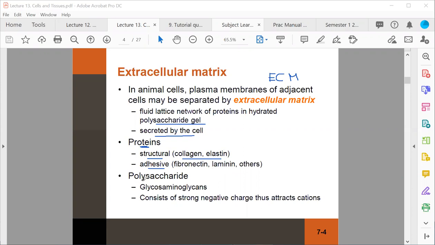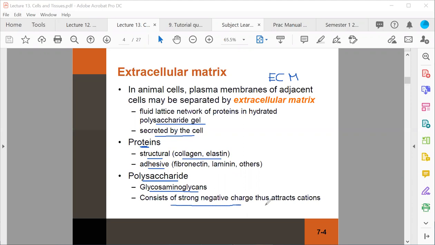All right, the major polysaccharide that we find in the extracellular matrix is called glycosaminoglycan. This is a large polysaccharide that's bound to a protein core. It consists of strong negative charges.